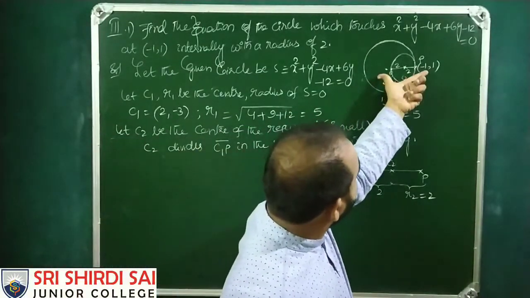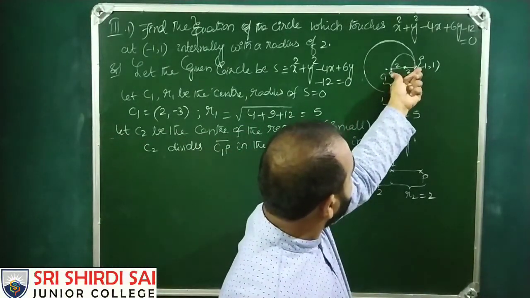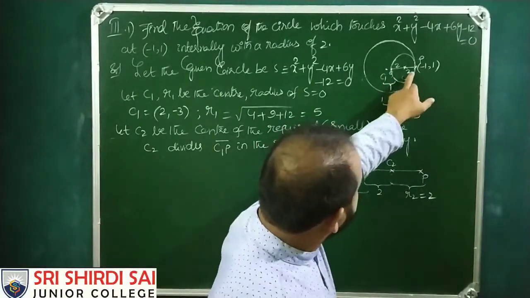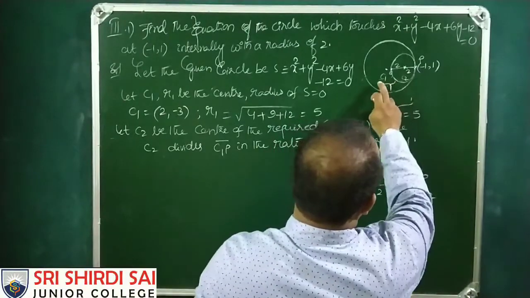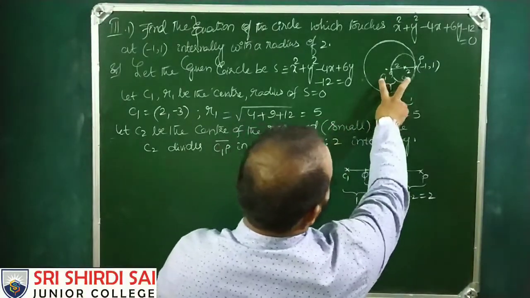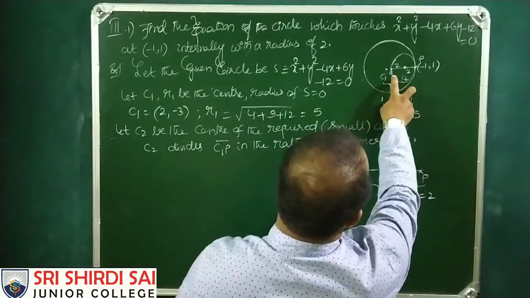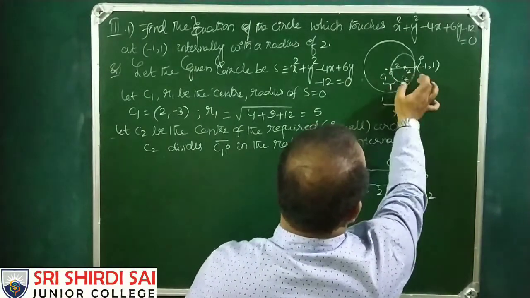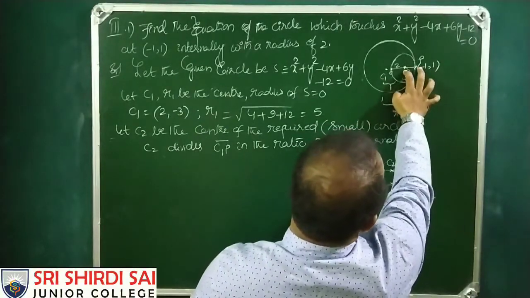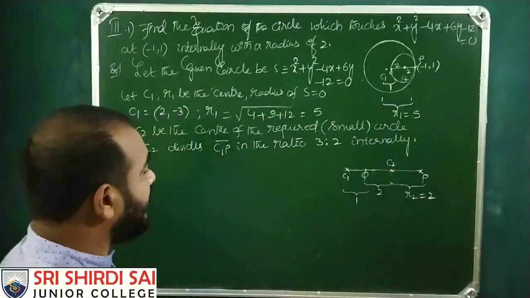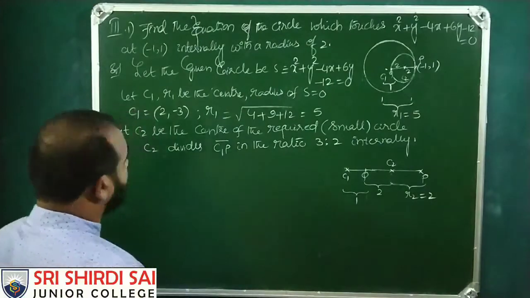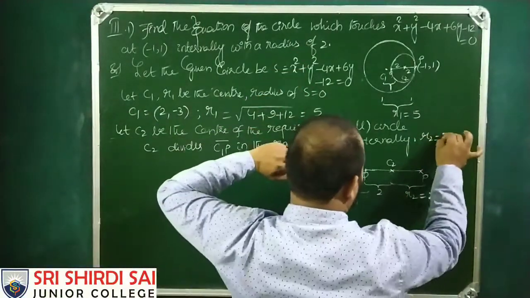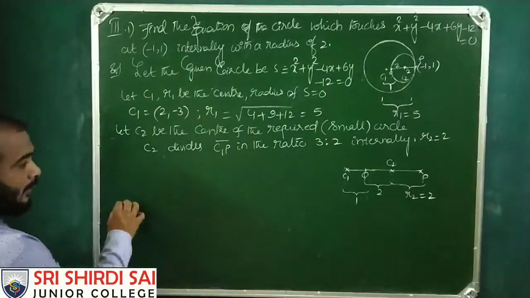When C1P is 5 and this is 4, then C1Q equals 1. And what is the radius of the small circle? R2 is equals to 2, given.